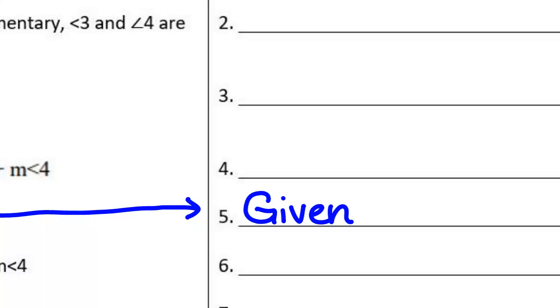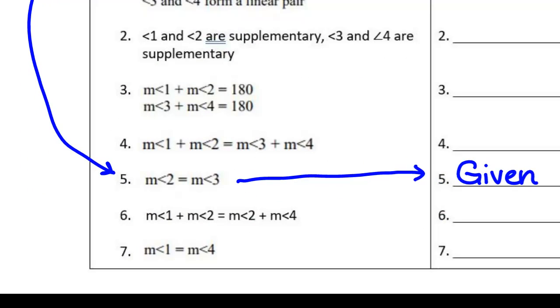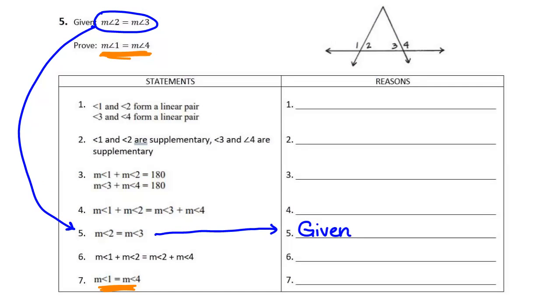Do they have what we're trying to prove in the correct spot? Yes. Measurement of angle 1 equals measurement of angle 4. So that's where I expected it to be. Do you think it's wrong that they didn't state that given information until step 5? It's not wrong. It's not typical.